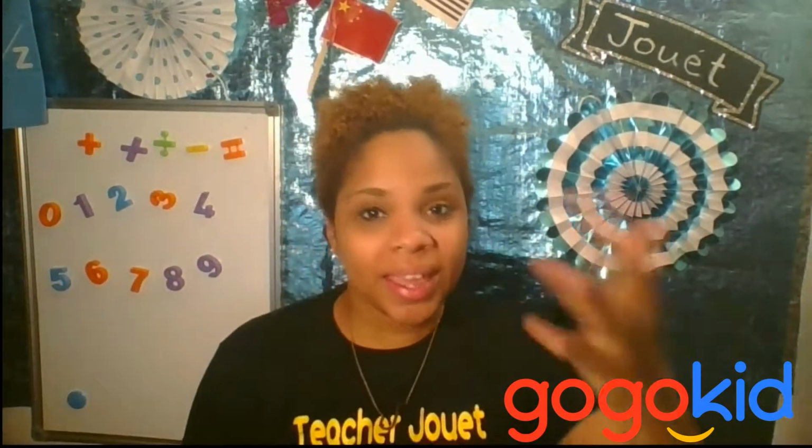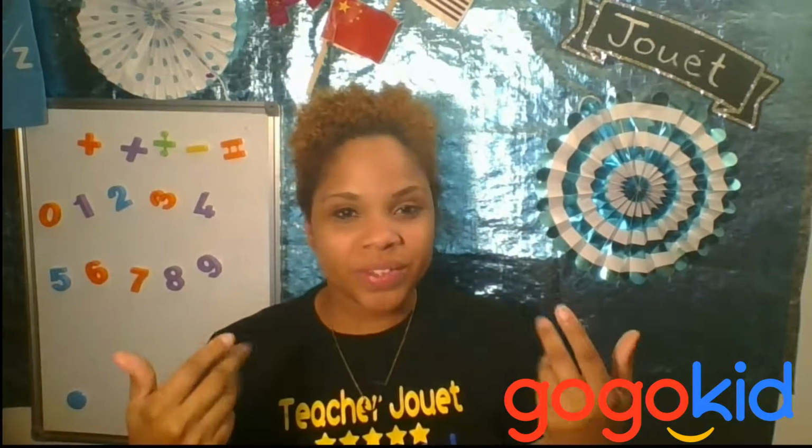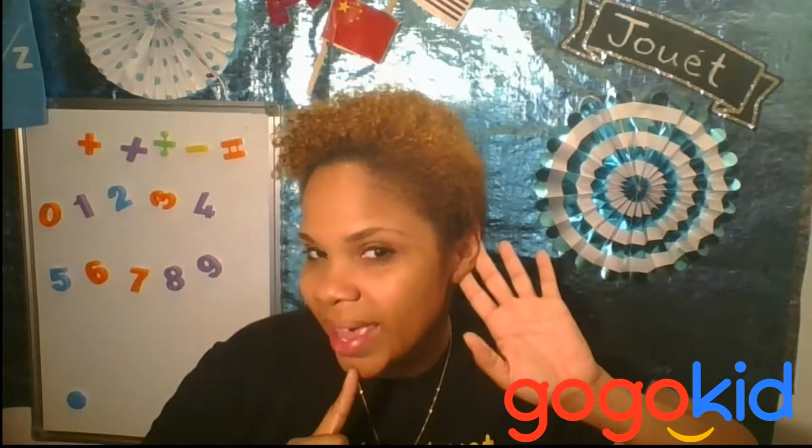Where is the hand? Click the hand. And they click the hand, and then you want them to say hand. Okay, so if the student does not say hand, make sure they say hand, even though they clicked it.